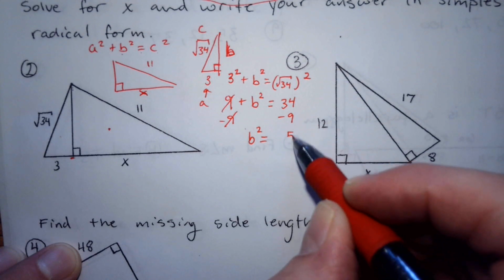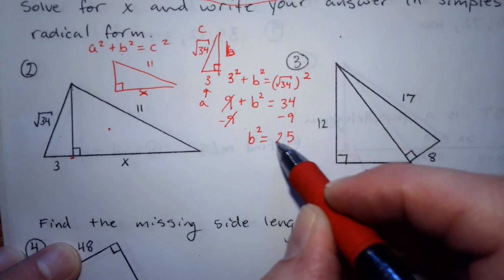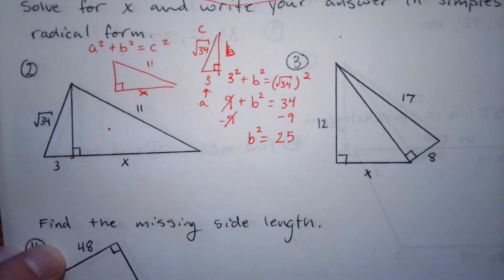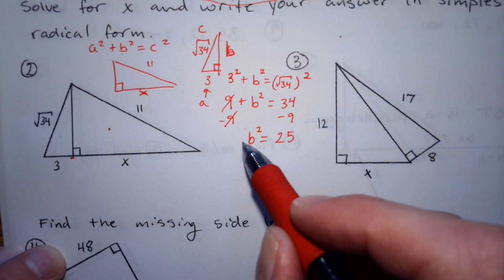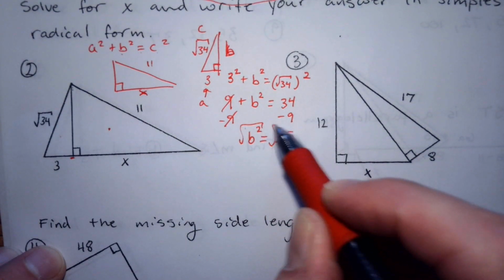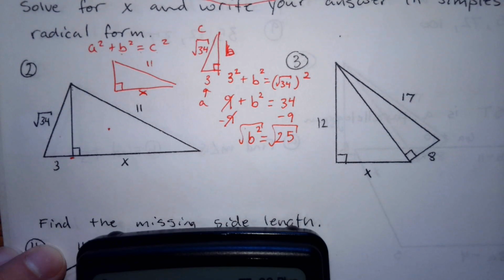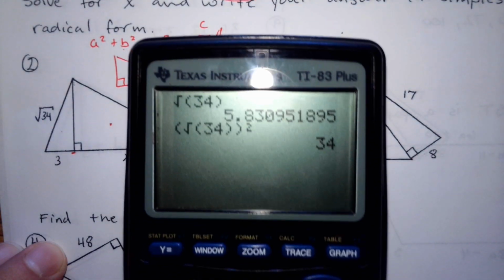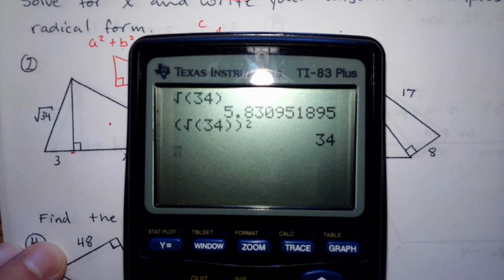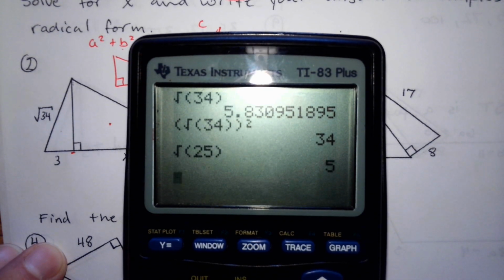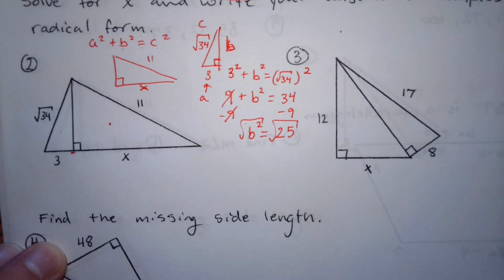It's 5, 25. Ooh. That's 25, yeah? And then square root both sides. Whenever you're putting in the square root, try it in the calculator. If you do the square root of 25, that gives you regular 5. The problem is still easy.